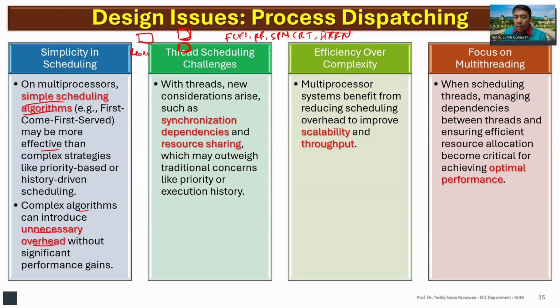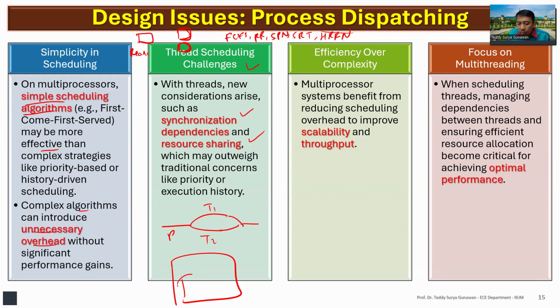Then we have the thread scheduling challenge. With threads, new connections arise: synchronization dependency and resource sharing. Remember that when you have threads, one process, and then you have thread one, thread two, and the threads can access the same memory.